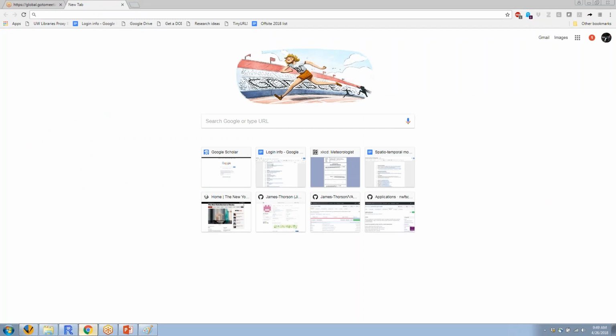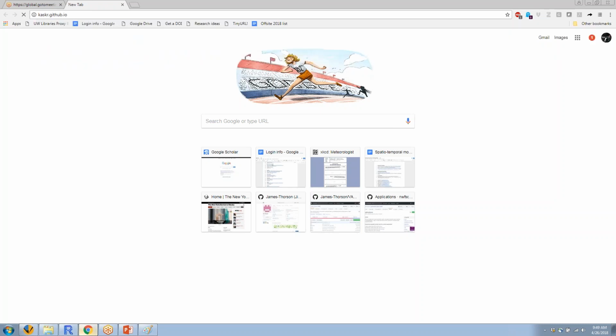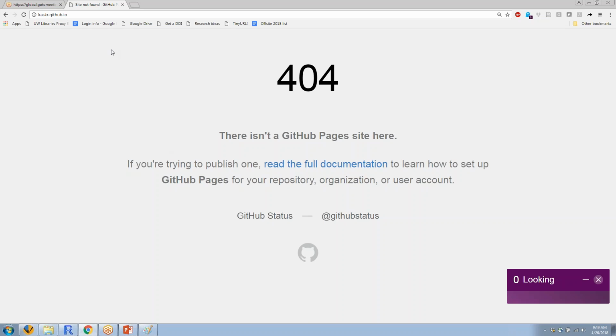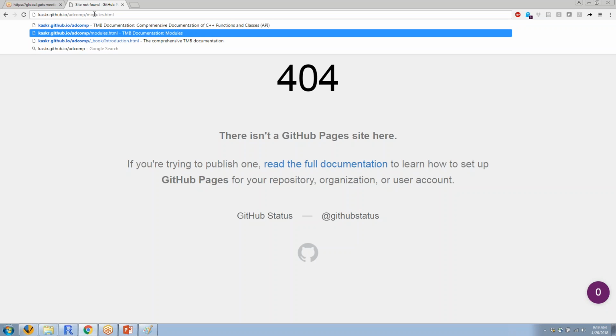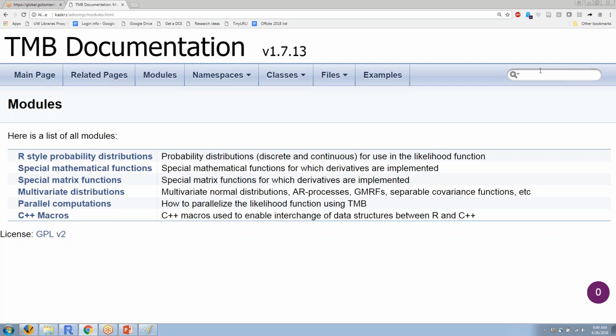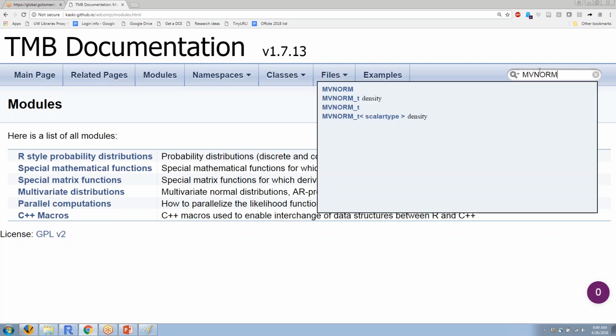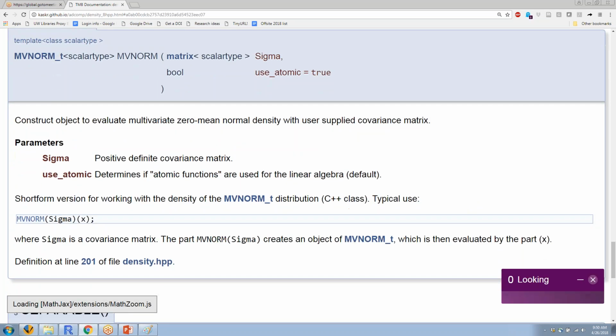Remind me what the URL is for the Doxygen documentation these days. Does anybody know? Yeah, it's kaskr.github.io/adcomp. There's a module. Go down. You can confirm that MVNORM is part of TMB because it shows up in the Doxygen documentation.